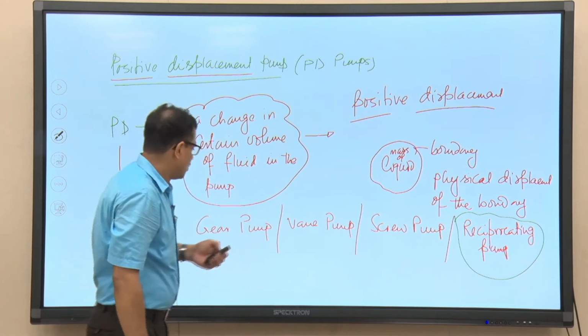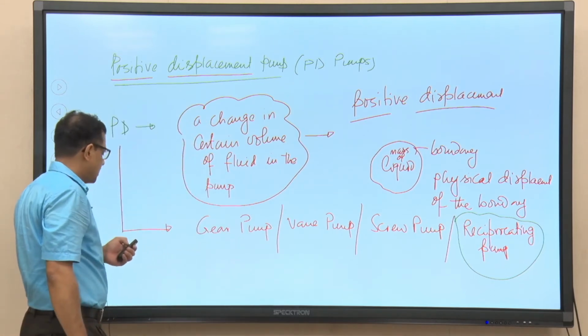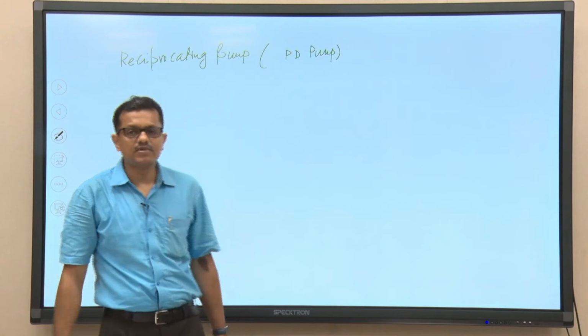So, now let us move to see the reciprocating pump. Again, this is a PD pump. Today we will try to discuss the working principle.